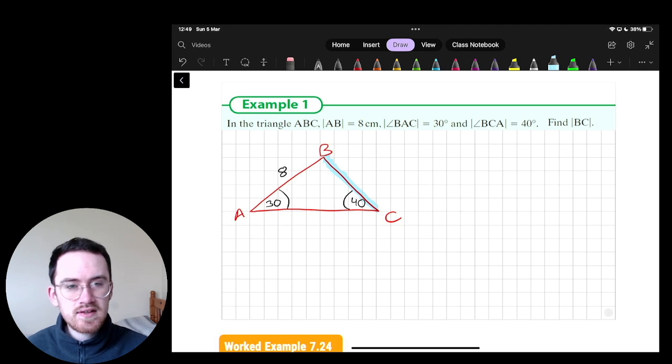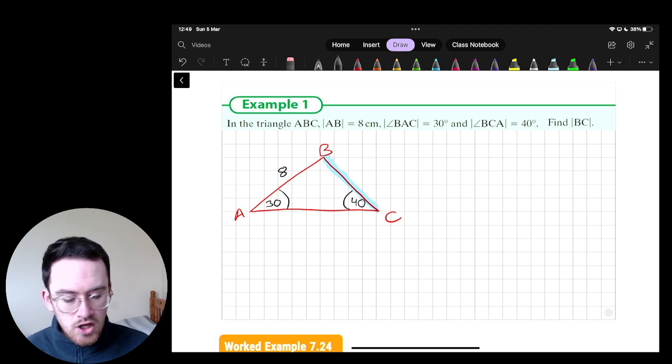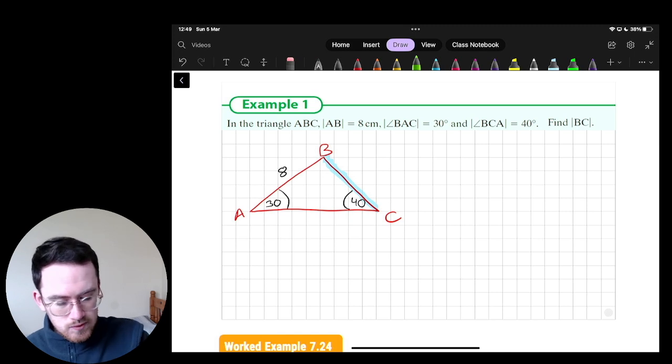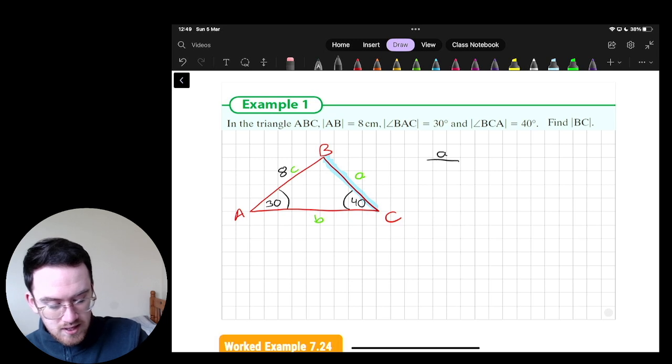So we want to find this side here. If we label it in terms of our sine rule, we might call this side a and angle A opposite, side b and angle B, and then side c and angle C. So in terms of my sine rule, I'm looking for a. So a over sine A is equal to c over sine C.